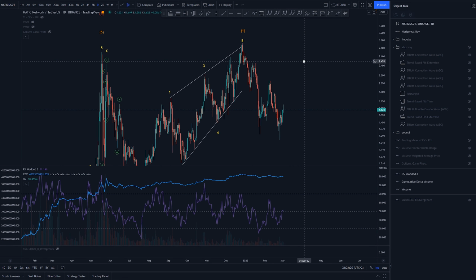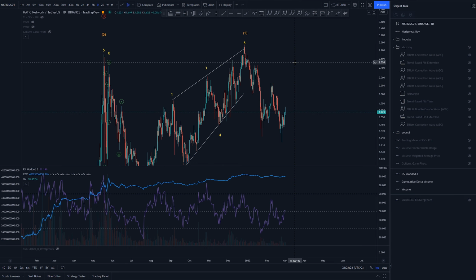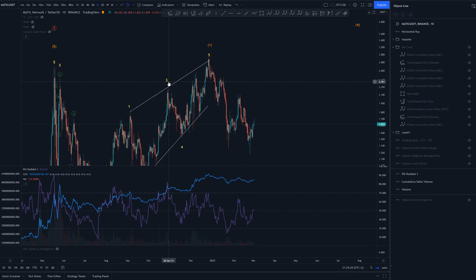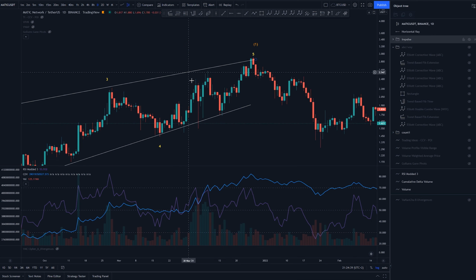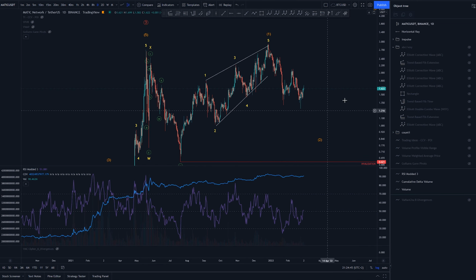zigzags, either normal zigzags or double zigzags or triple zigzags, I guess, so WXYs, and that could definitely be the case here. But this whole from 3rd to 5th price action is so bad with all those wicks that I really can't suggest that this count would be valid.